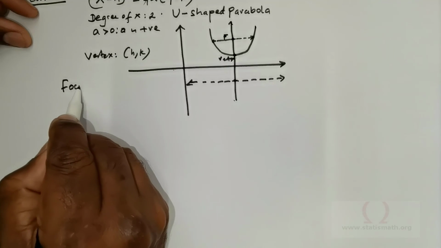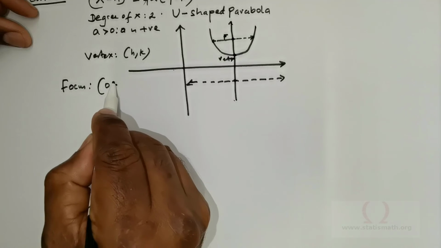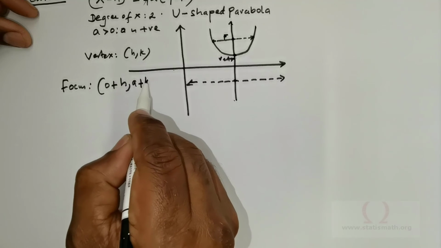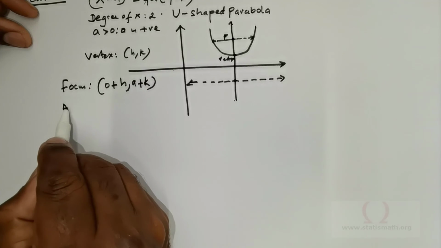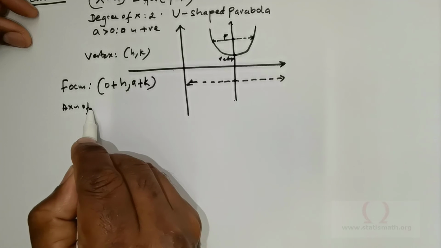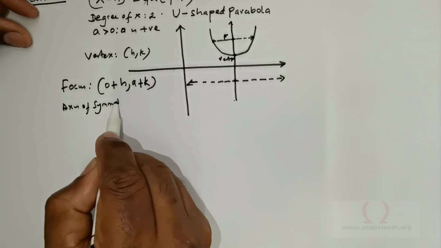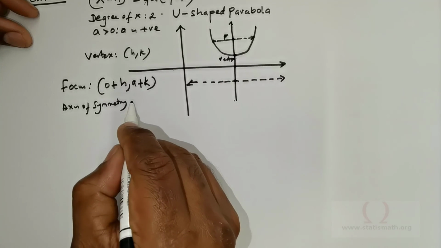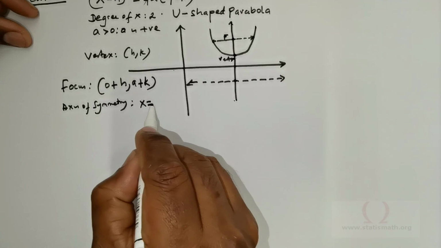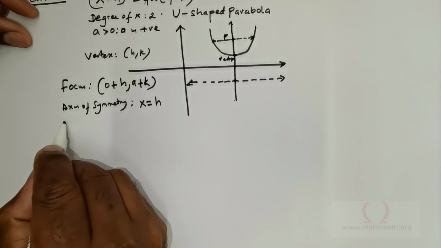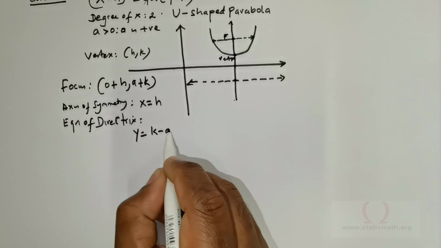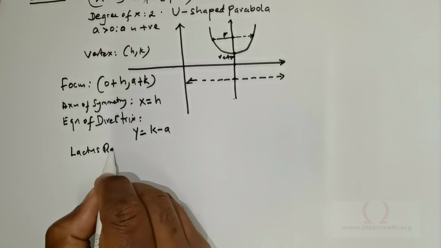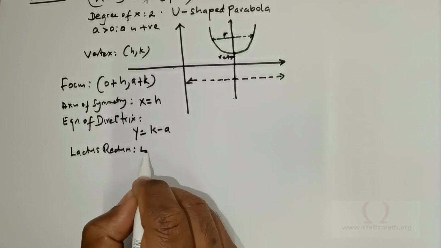Now to get the focus, you will have to have this coordinate in mind, (h, a + k), and the axis of symmetry, the line that divides the parabola, is going to be x = h, and the equation of the directrix is y = k − a, and the latus rectum in this case is going to be 4a units.